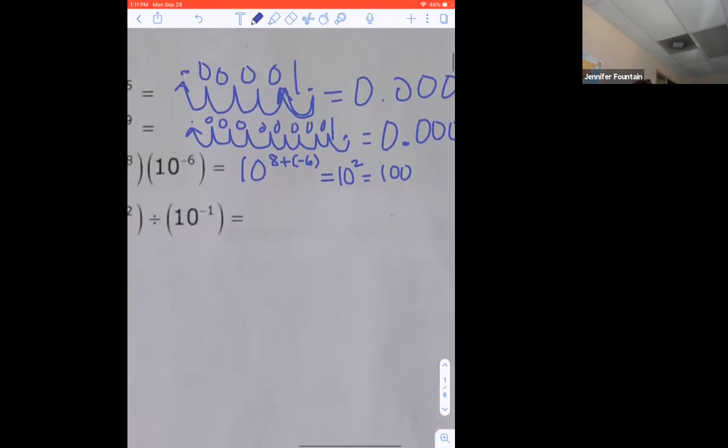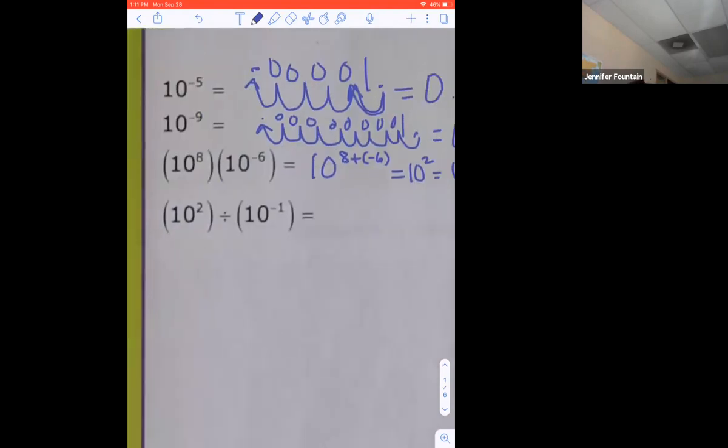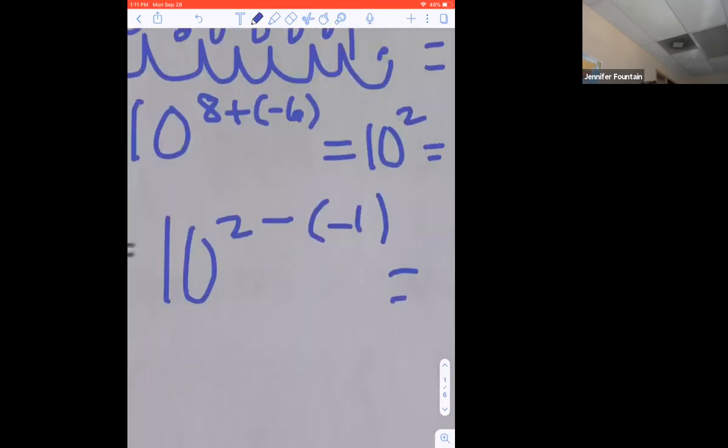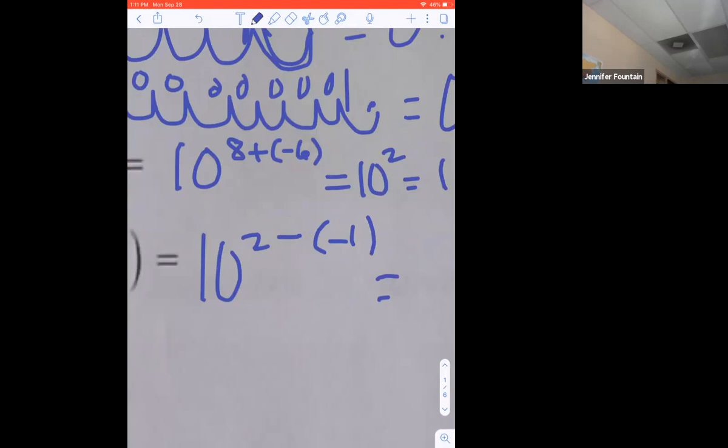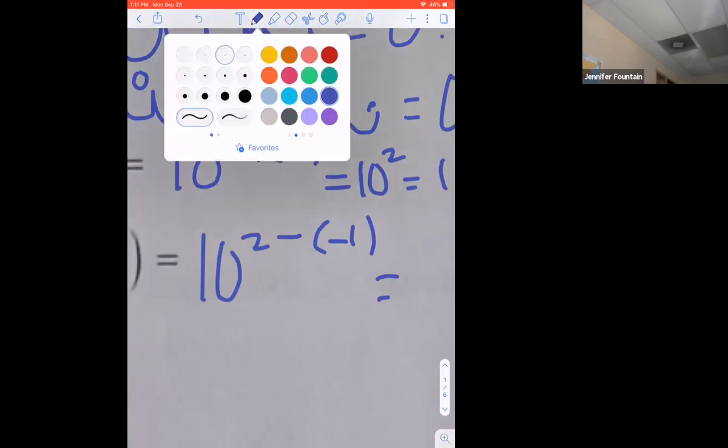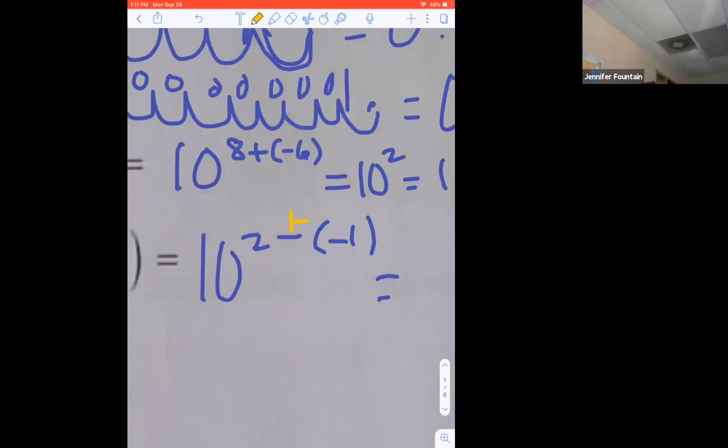And then the next one, I've got 10 to the second divided by 10 to the negative first. And we said that when I divide, what do I do with my exponents? Subtract them. So that means I've got 10 to the second power minus a negative 1. Now when I have minus a negative, I need to change that from subtraction to addition, and that means I have to change the sign that follows it.